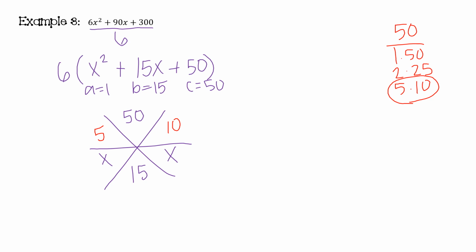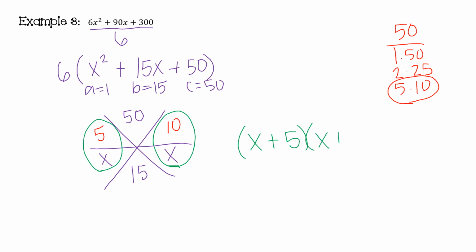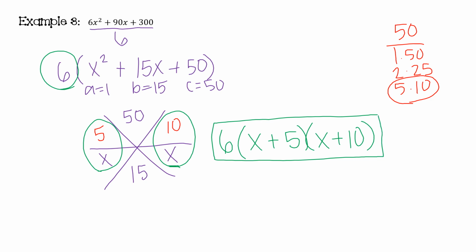If this is an x, this also is not going to simplify because it's just 10 over 1 and 5 over 1. So now my factors would be x plus 5 and x plus 10. And then our GCF from the beginning needs to come down in front of my answer. And this would be my factored form.